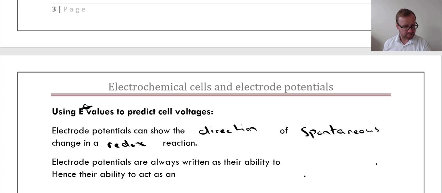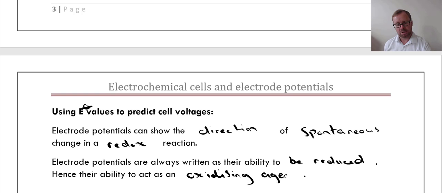Electrode potentials are always written as their ability to be reduced, hence their ability to act as an oxidizing agent. Now remember, oxidizing agent is the ability of a species to oxidize something else while itself gets reduced.